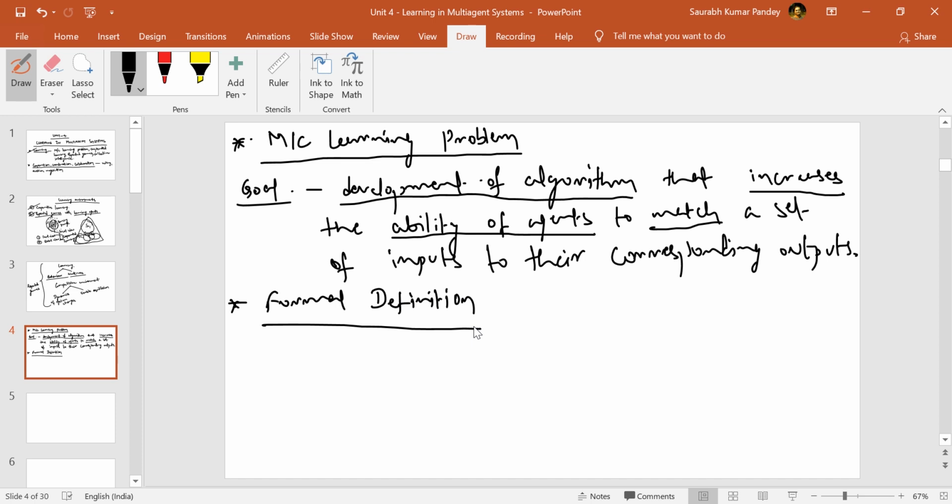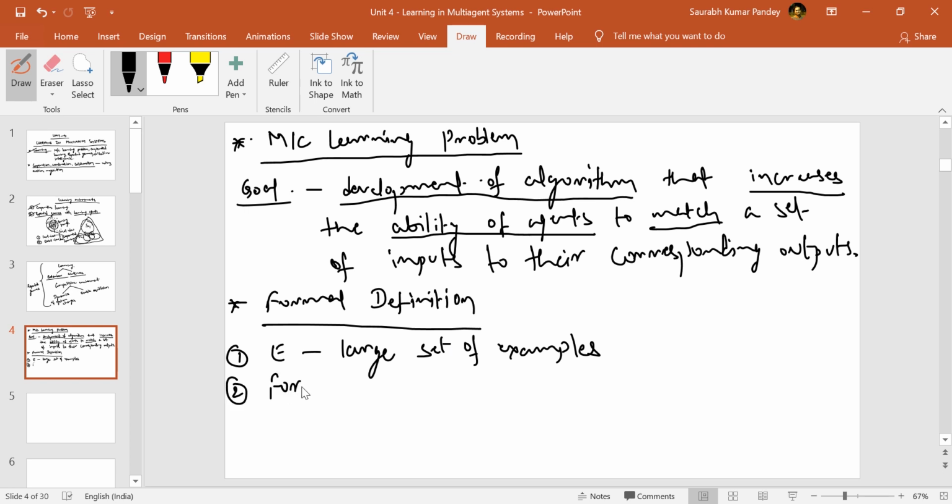Let us suppose we have a large set of examples. E is a large set of examples. So we have assumed there is an existence of a large set of examples.